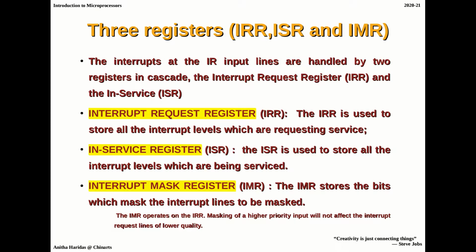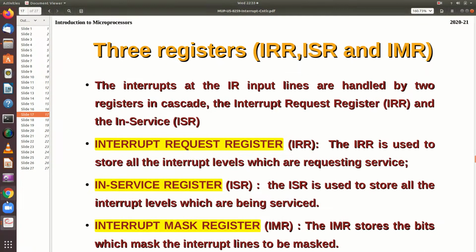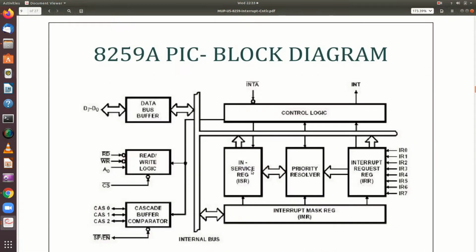Now apart from that, we have three different registers available. What are the three different registers we have? These are the three different registers: in service register, interrupt mask register, interrupt request register.